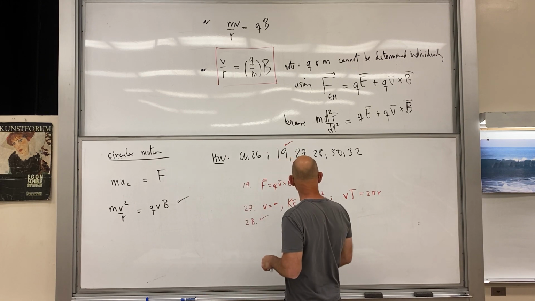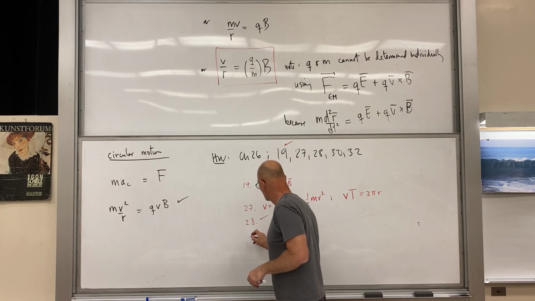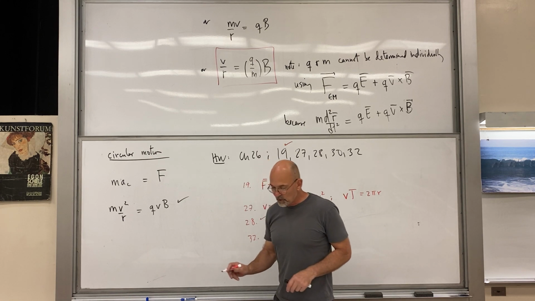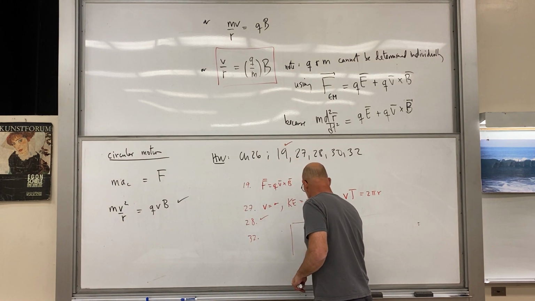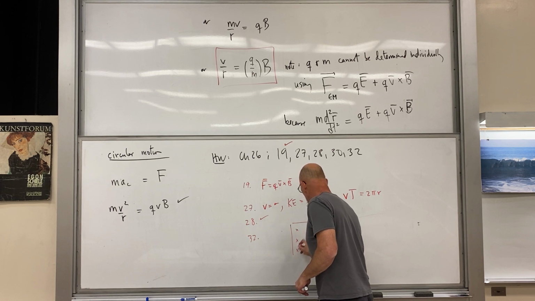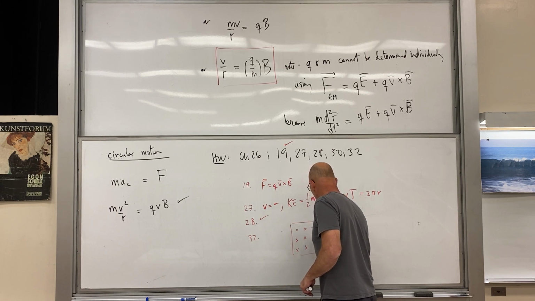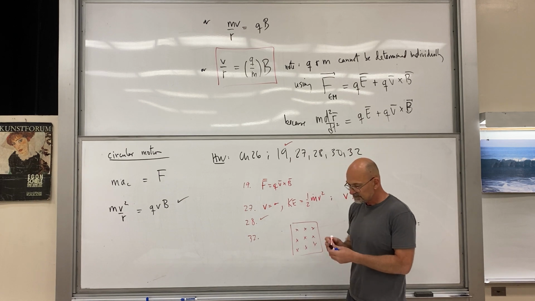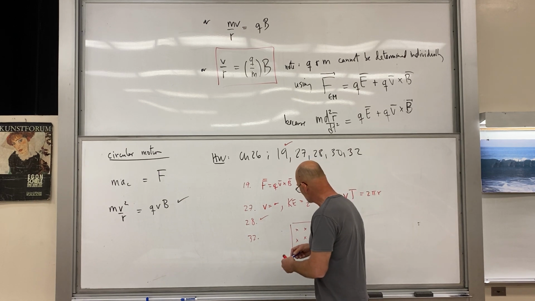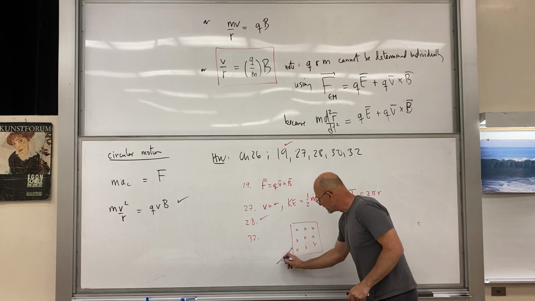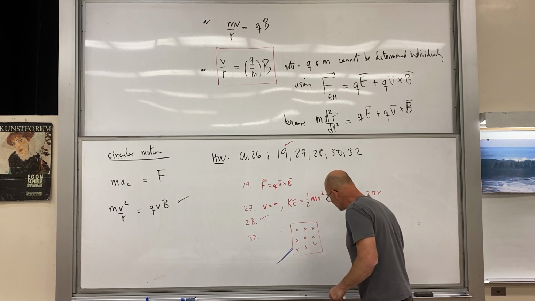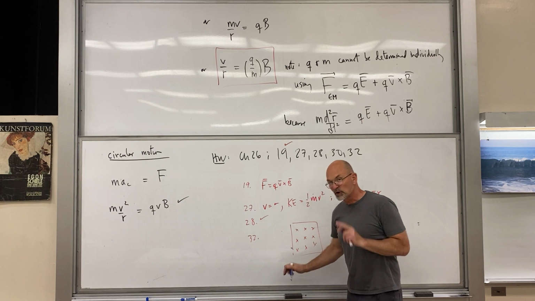Yeah, this one is really great. So 32 refers to a picture in the book, and I'll just draw a small version. There's a region with a B field, the way I discussed it before, and they're saying a charged particle is going to enter, with let's make a straight line here, it's going to enter with a certain angle.